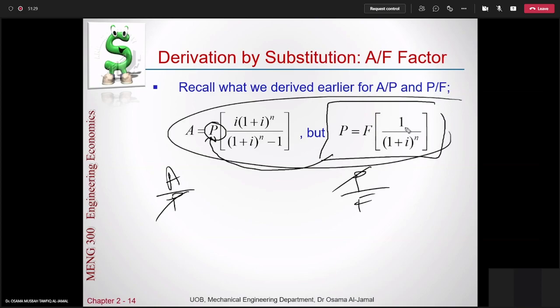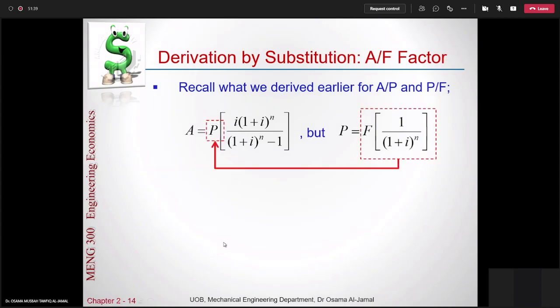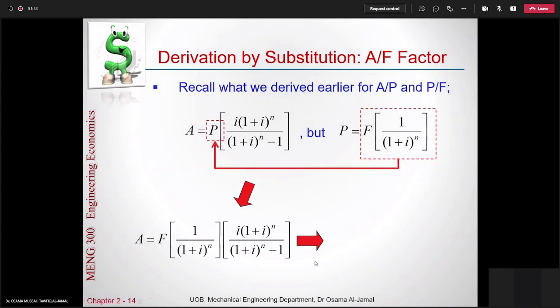So if you substitute what you have in here for that P, you're going to get A given F. So the final formula for it is like that.